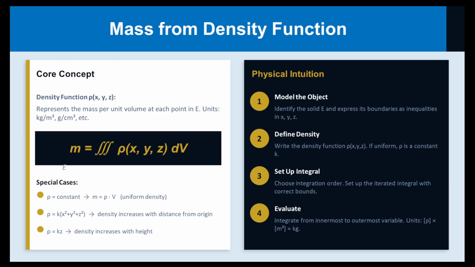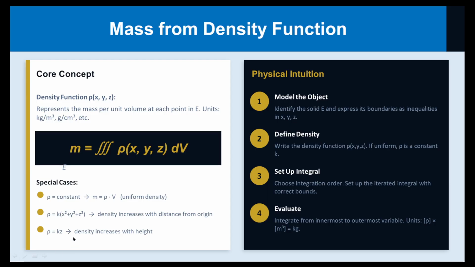In the second case, if rho equals k times x squared plus y squared plus z squared, then density increases as distance from the origin increases.